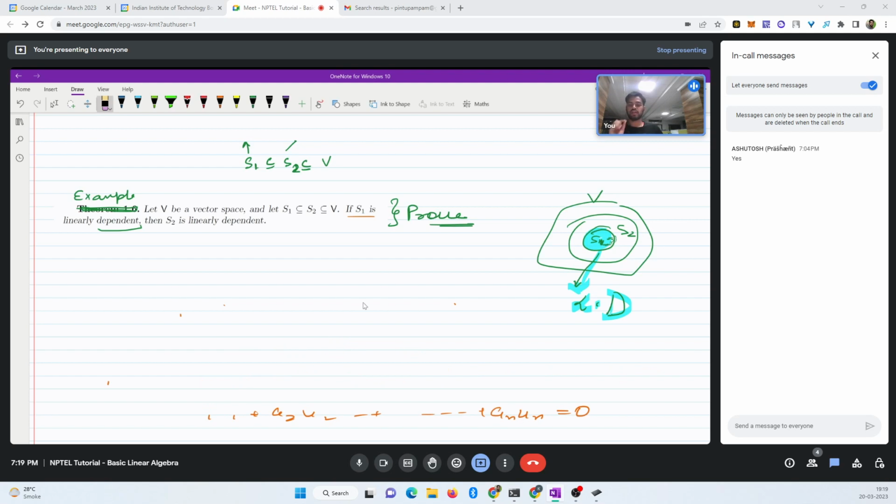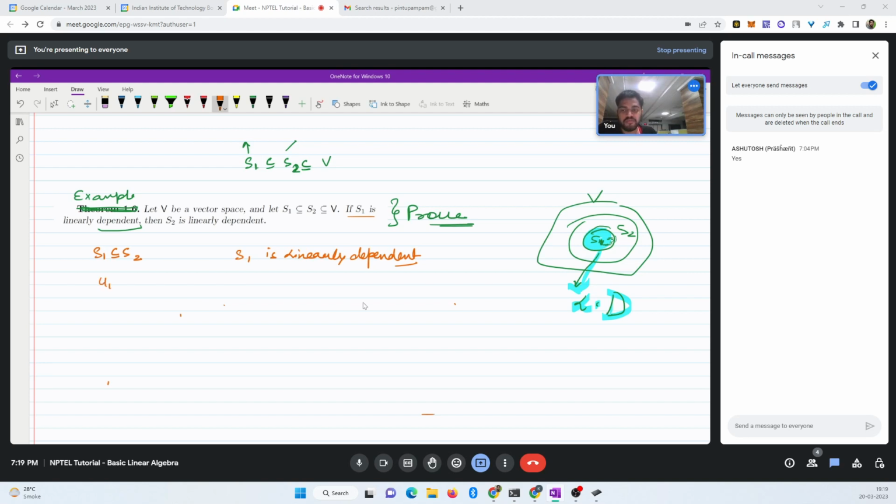First, let's see what is given to us. We are given first of all that S1 is a subset of S2, and we are given that S1 is linearly dependent. Now, what is the definition of linearly dependent?